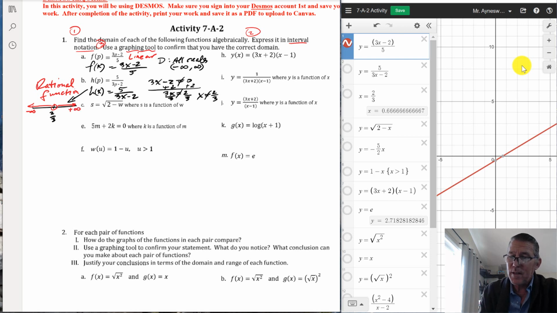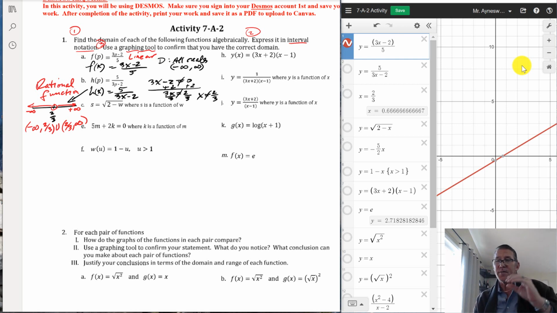So you have to write this domain as 2 intervals. The first interval on the left is from negative infinity to 2/3, union, from 2/3 to infinity. And that's the domain for the second function. I just can't fit it all in here.